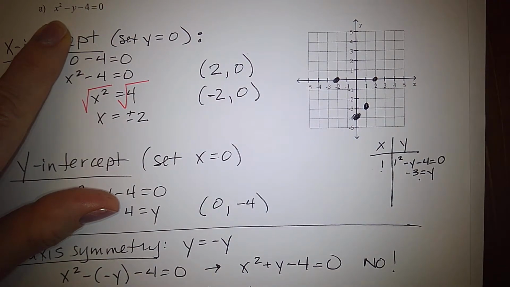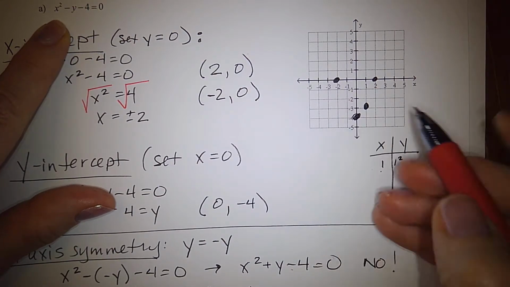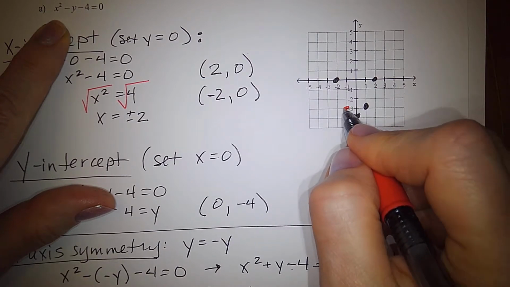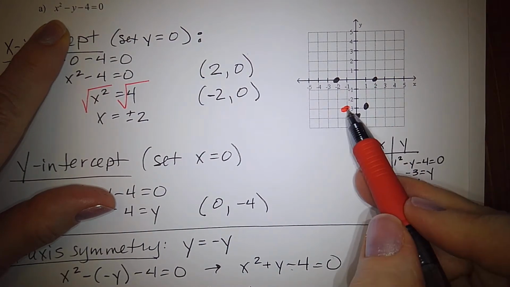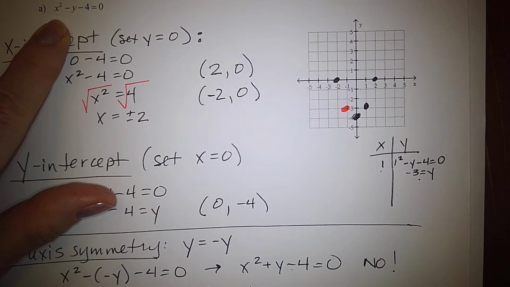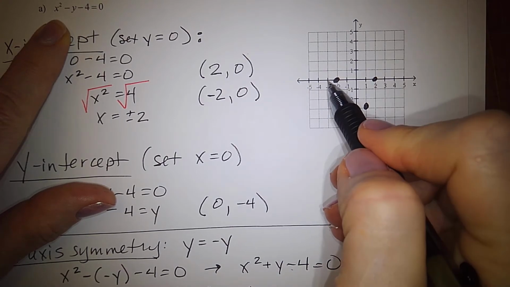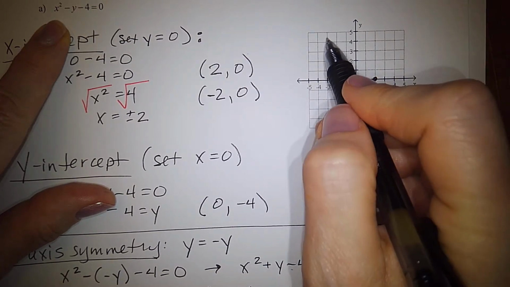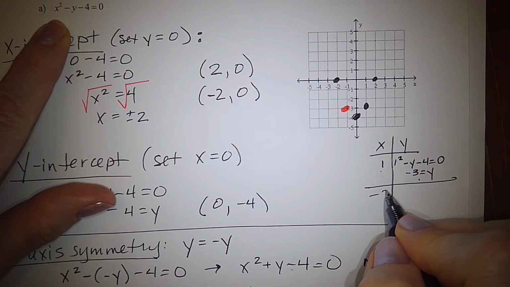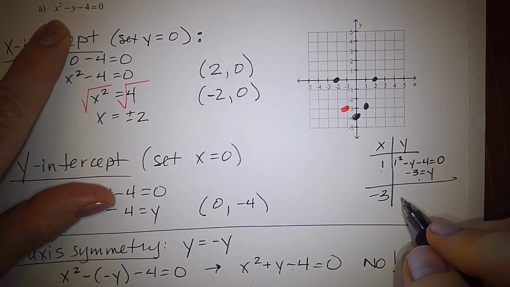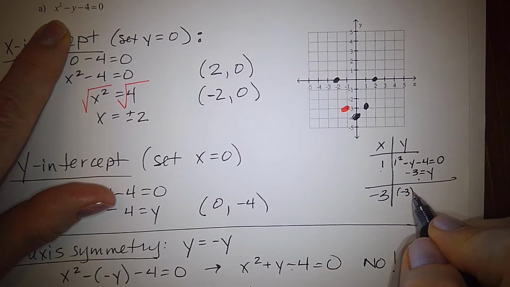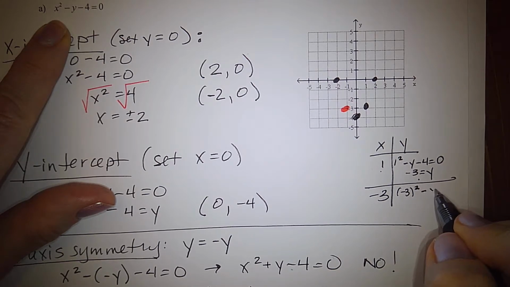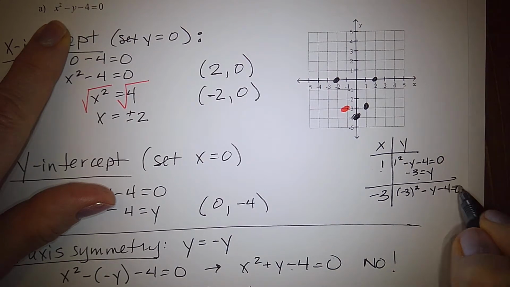Now, since I've already proved that it has y-axis symmetry, I don't have to really find negative 1, because I know this will have y-axis symmetry, so I know without a doubt that will also be a point on the other side. Same thing over here. Let's say I plug in -3 and I find another point. If I plug in -3 for x, I get -3 squared minus y minus 4 is 0.